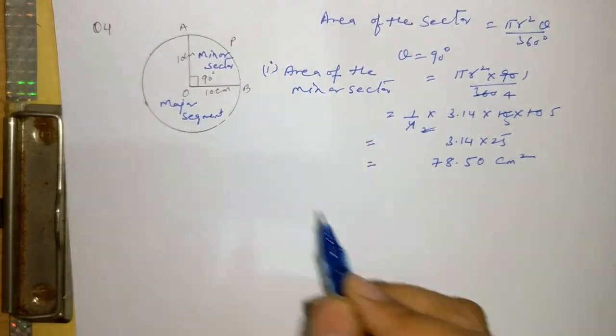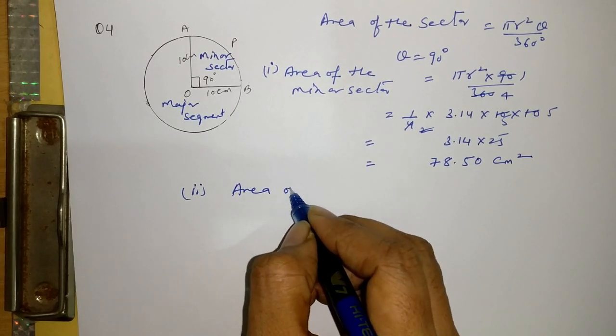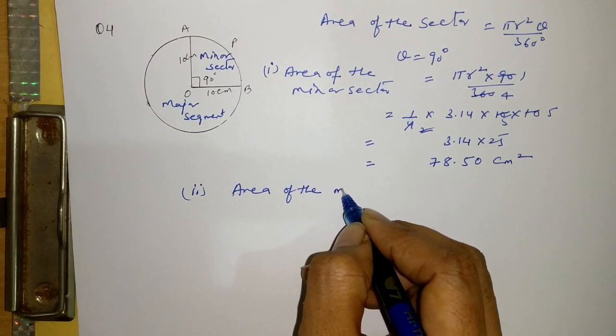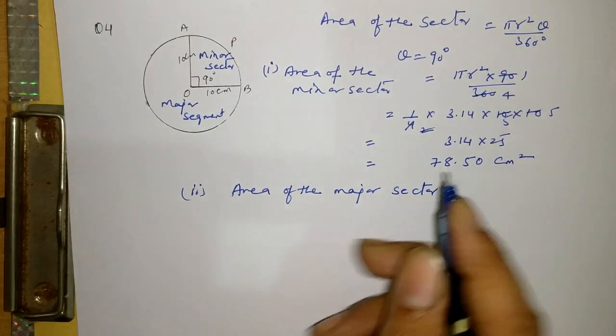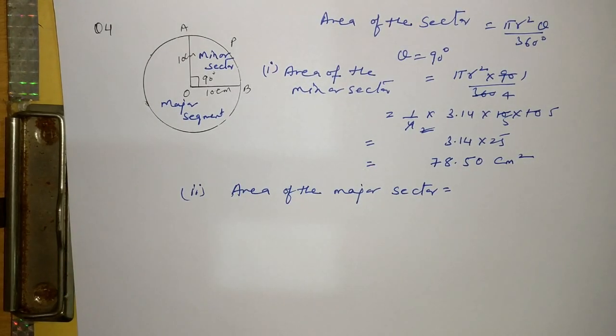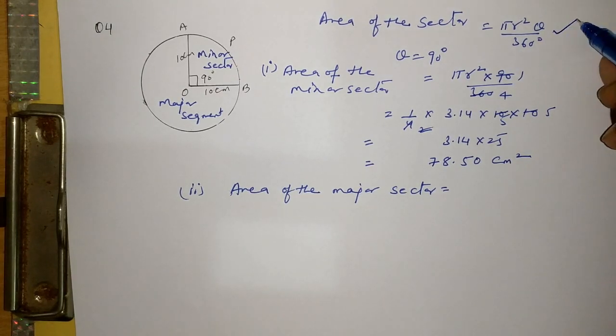Now for the area of the major sector we have two ways. The area of the major sector is the area of the circle minus the area of the minor sector. So either we find the area of the circle and subtract the area of the minor sector, or the other way around, we use this formula.